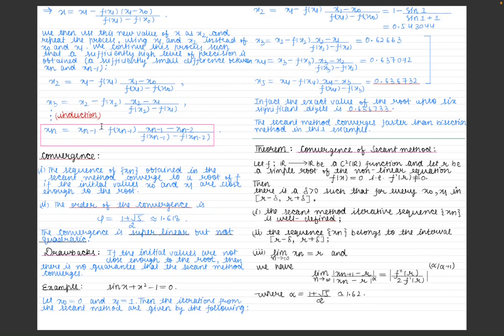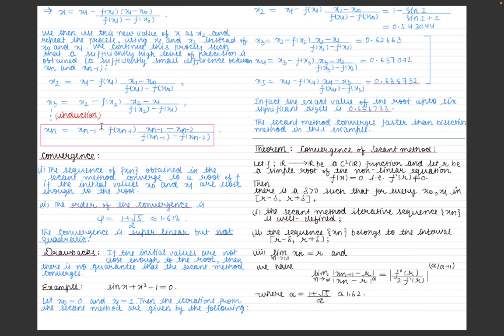Let's say x4, the formula for x4 will be x3 minus f of x3 times x3 minus x2 upon f of x3 minus f of x2. So this value will be 0.637072.